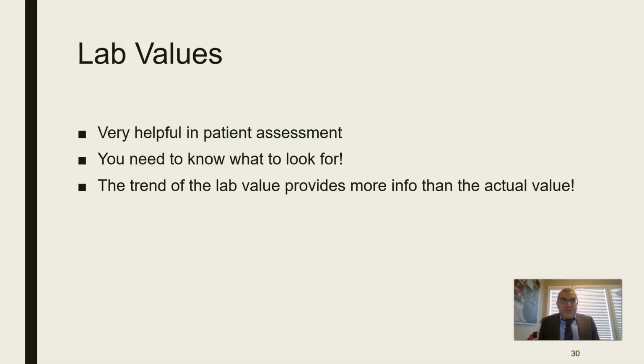But if yesterday was 75, let's say, oh, the serum creatinine doubled. The patient might be experiencing AKI, acute kidney injury, but of course, you need other variables to assess if the patient has AKI, like urine output, for example. So the trend of the lab value provides more info than the actual value.